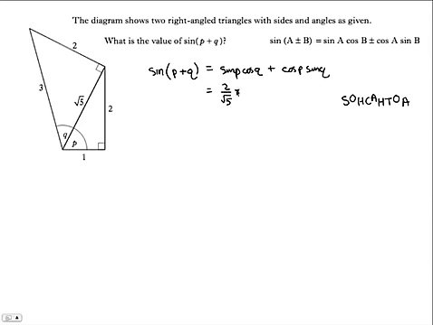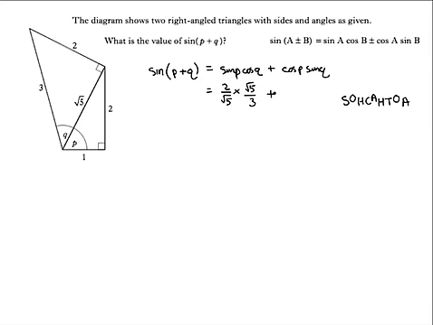Cos Q, we're multiplying by cos Q. The cosine is adjacent over hypotenuse. There's Q. We're using this large right angle triangle. Cosine of Q is adjacent over hypotenuse. So that would be root 5 over 3.